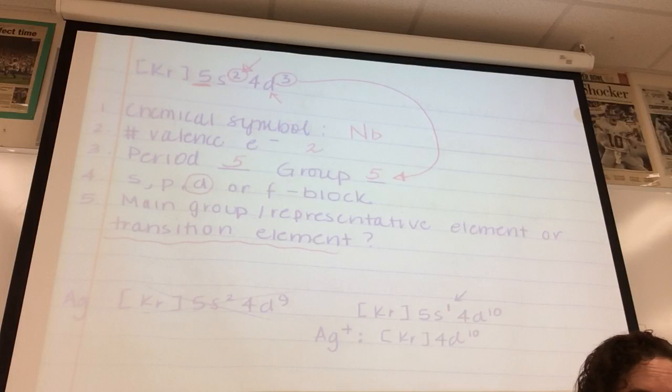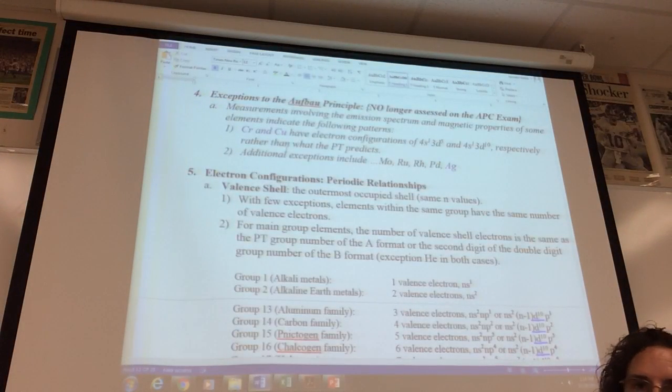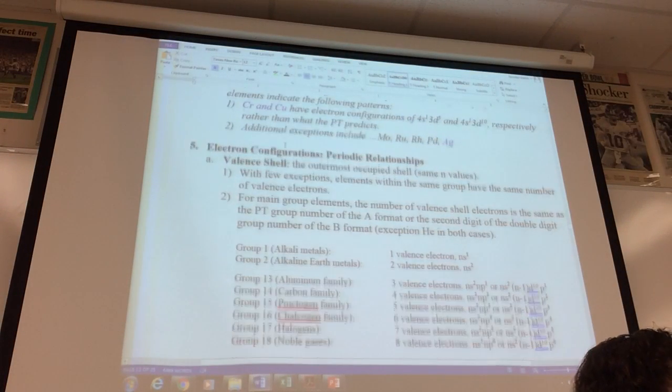So there's actually greater stability by not completing the S subshell before moving to the D, and you have greater stability with a complete D subshell than you do the outermost subshell. You don't need to know the exceptions. They're listed in your notes, and primarily you do see them in group 6 and group 11. But that just helps to explain silver.